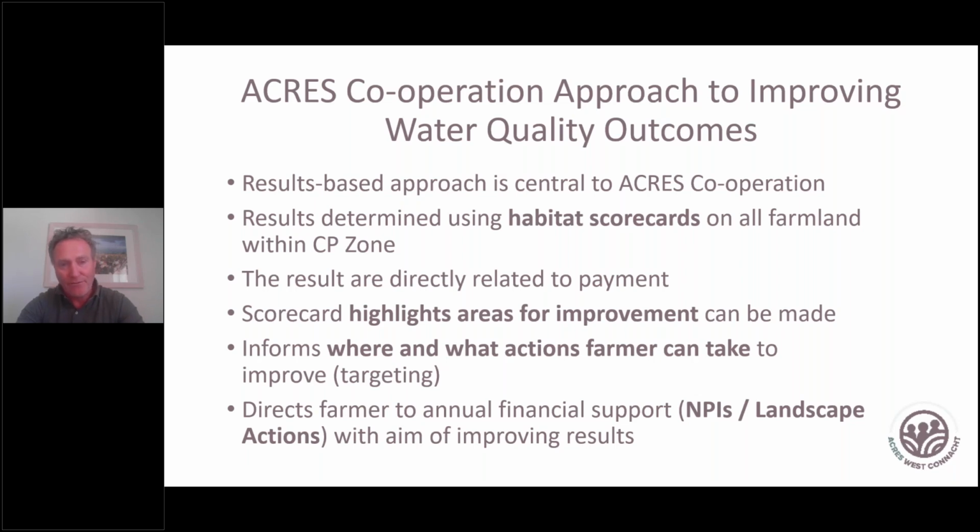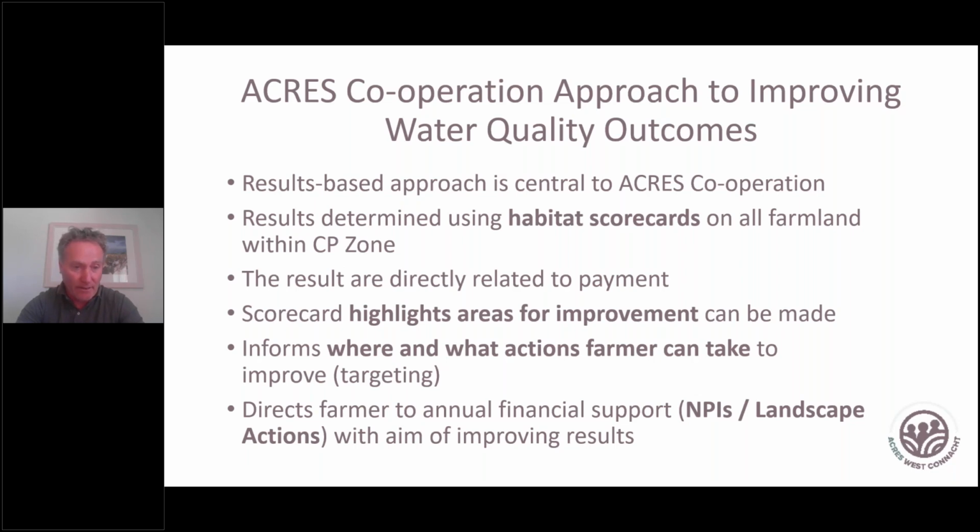Through the scorecard, it highlights areas where improvement can be made. Another very important thing with the scorecards, and they're really central to the whole thing, is where and what actions a farmer can take to improve. So it highlights where improvements are needed and how and where those improvements might be done.